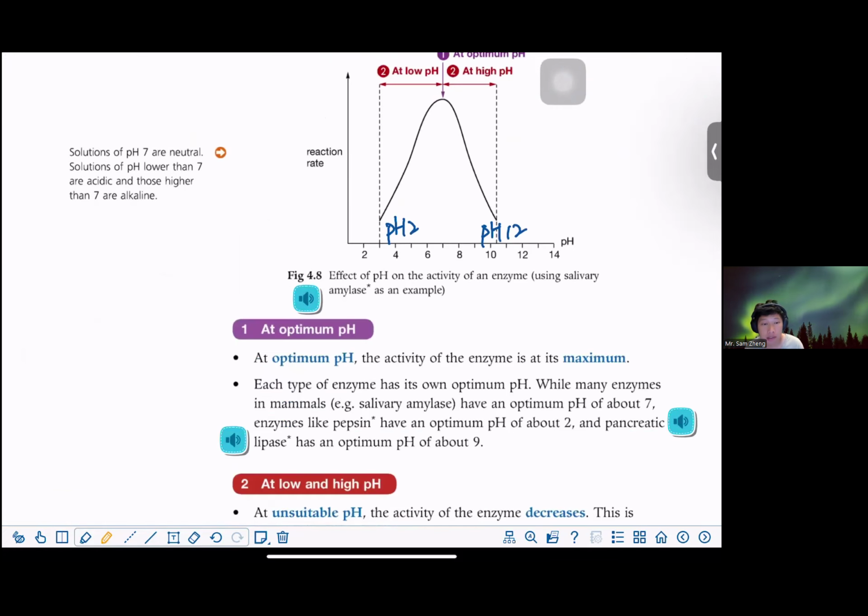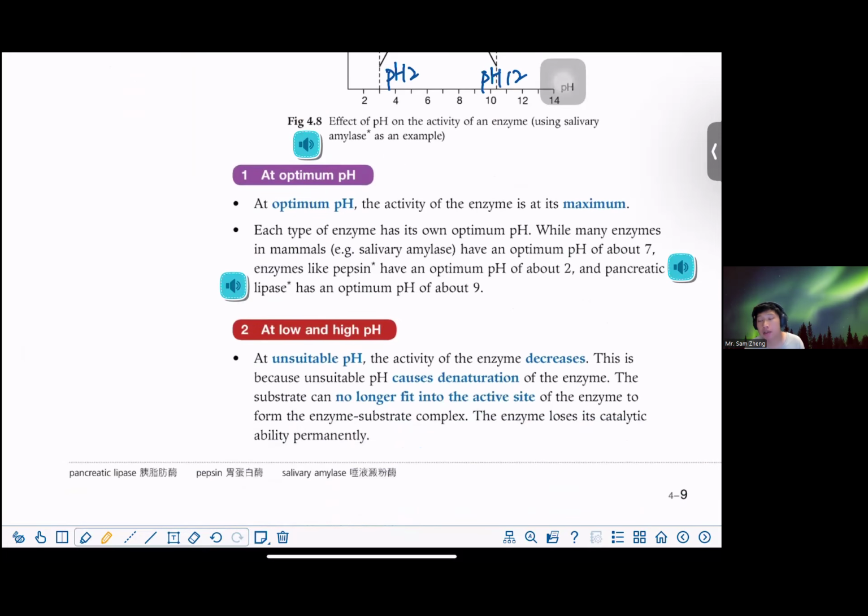The reason is that it deviates from the optimum pH, the pH at which the enzymes work the best. An unsuitable pH will also cause the enzymes to denature, meaning that the shape of the active site has been changed.